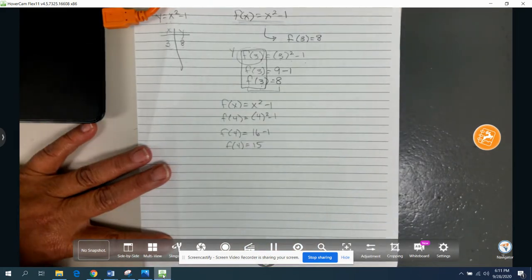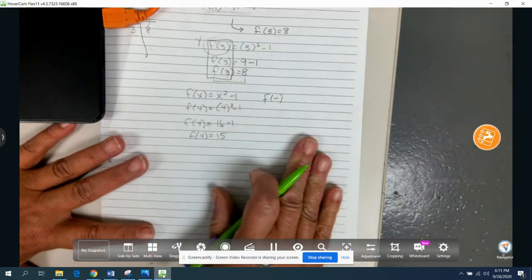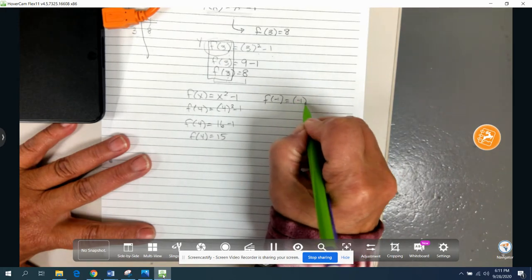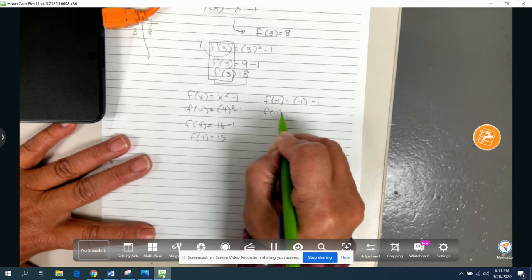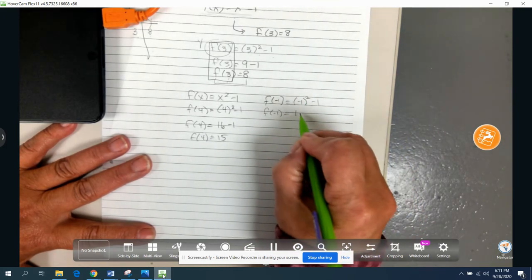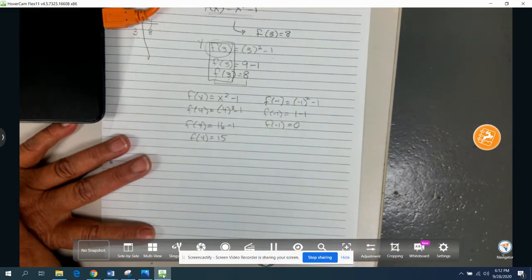The next problem says, now find f of negative 1. So it's the same idea. I'm going to plug in negative 1 wherever I see x. And so f of negative 1 is equal to negative 1 squared, which is 1, and 1 minus 1. So f of negative 1 is equal to 0.